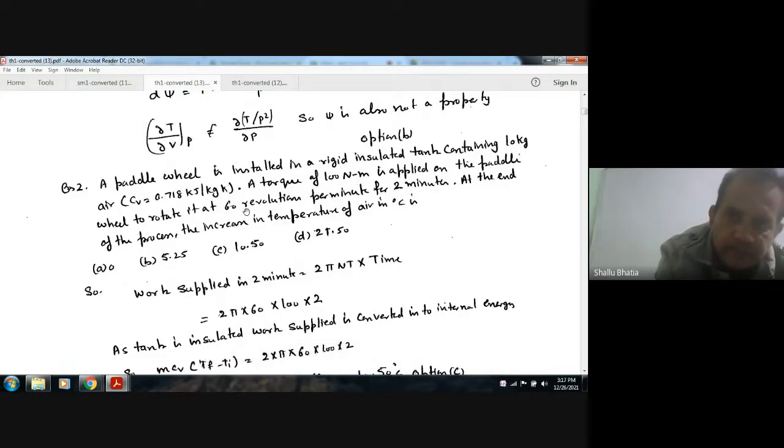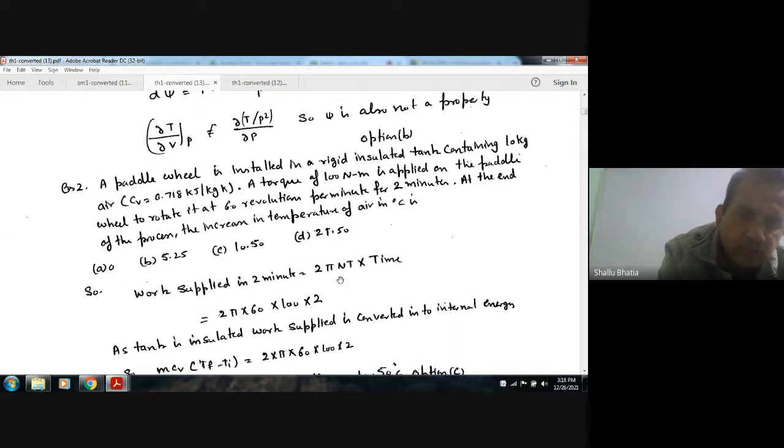Omega is 60 revolutions per minute, or N is 60 rpm, and the torque is applied for 2 minutes. So the work done per second is T omega, or 2π N T. If we multiply it by time, then we get the work done in 2 minutes.